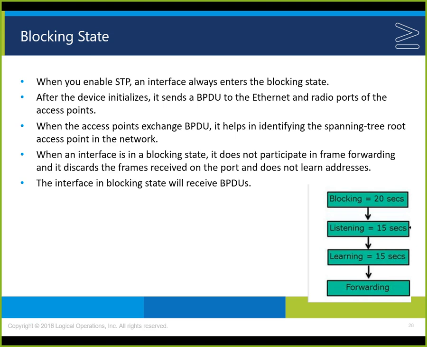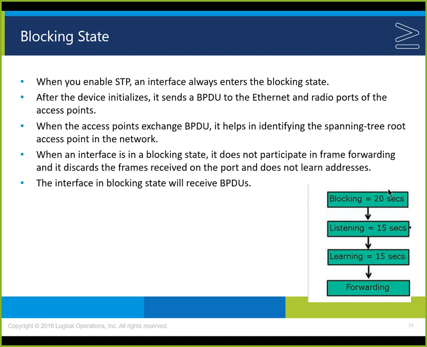Access points exchange BPDUs, identify the root access point in the network, and the interface is in a blocking state, does not participate in frame forwarding, and discards frames received on the port, does not learn addresses. The interface in blocking state will receive BPDU.